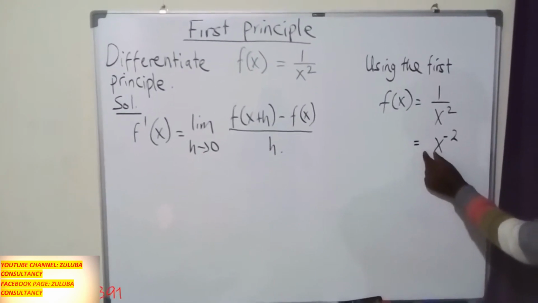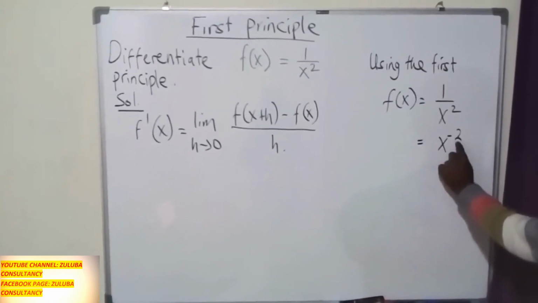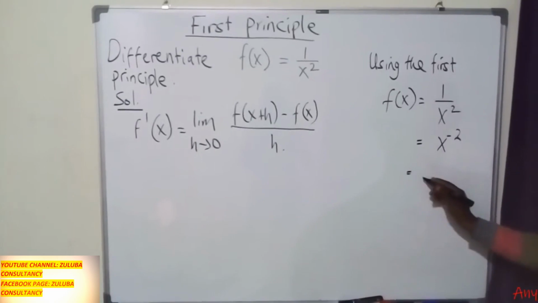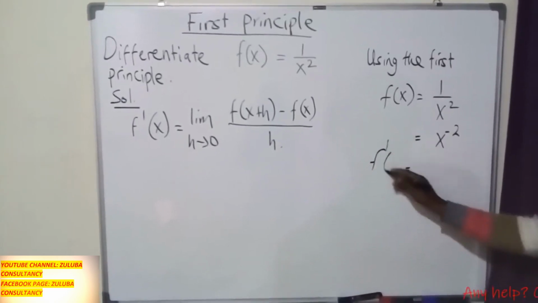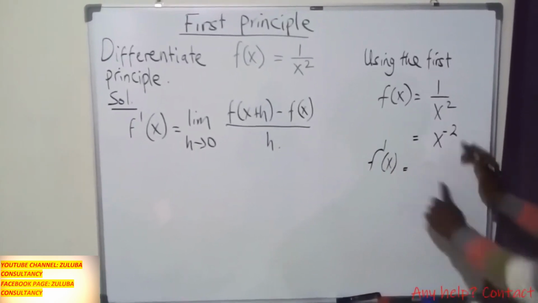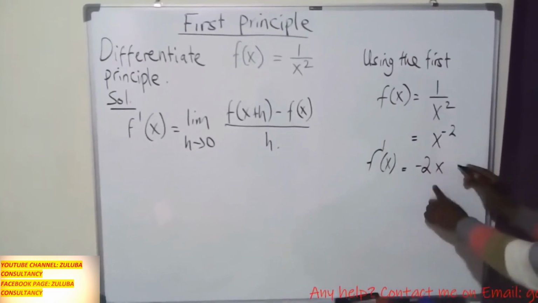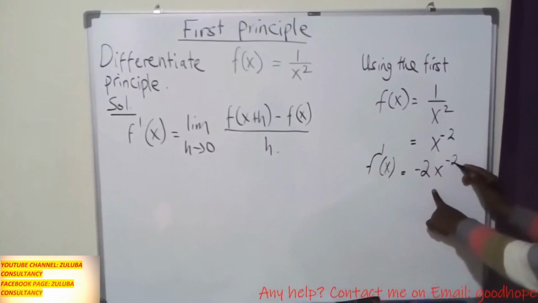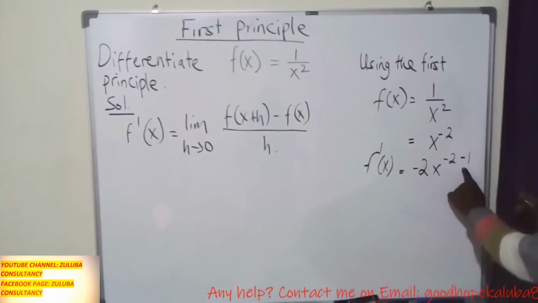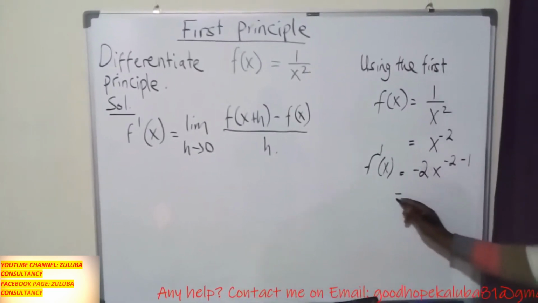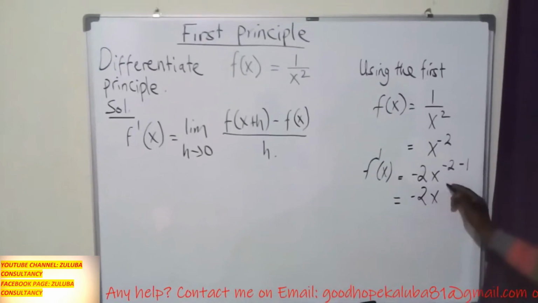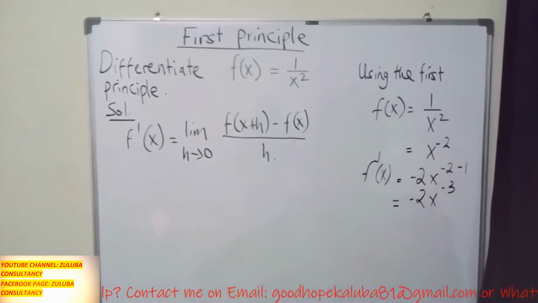Here the coefficient is 1, so negative 2 multiplied by 1, we are going to have the derivative of this function equal to negative 2x. Then here the power will reduce by 1, which will give me negative 2x to the power negative 3.